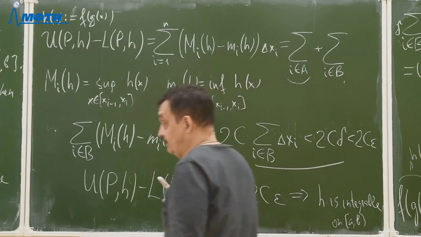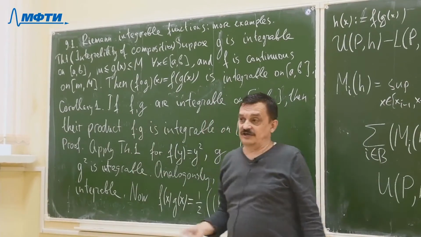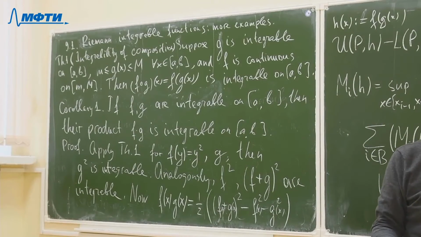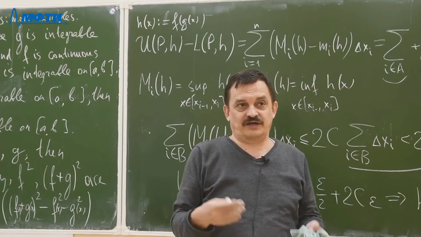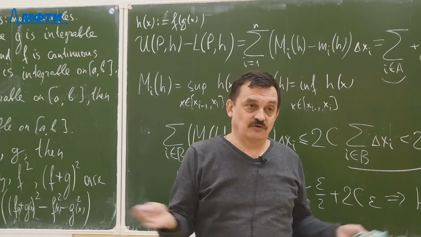Although, you see, for sure, if two functions are integrable, then their product is integrable. The integral exists, but we have no way to find it with the help of integrals of each of f and g. No way.